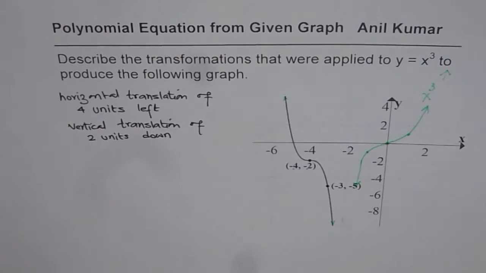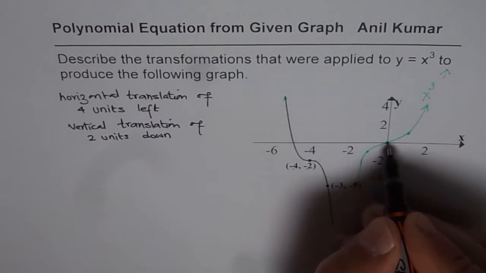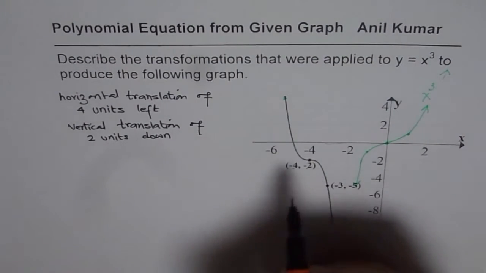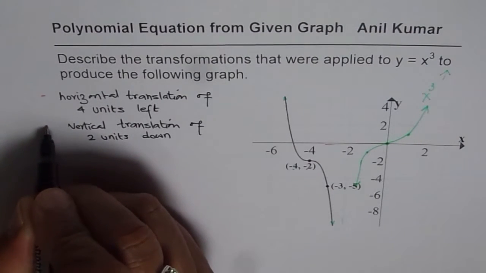So that means the point which went through the origin has been translated 4 units left and 2 units down, right? So that is the translation.